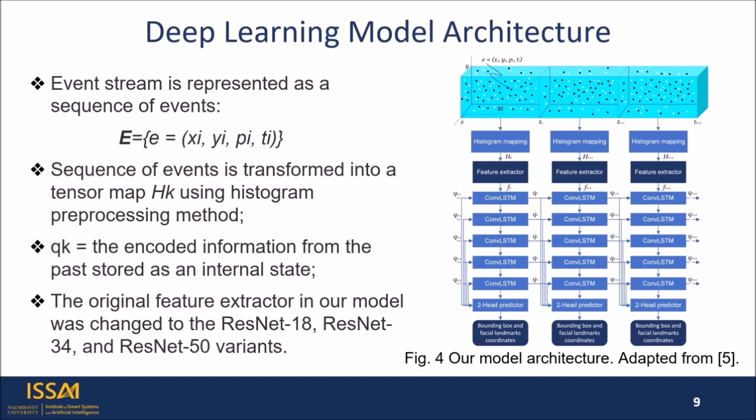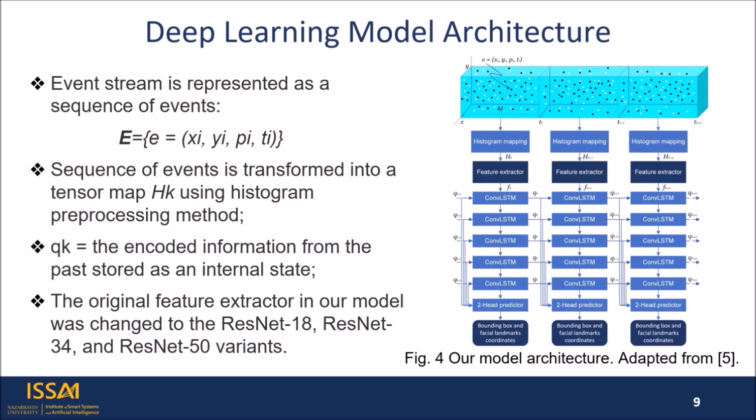We use the original feature extractor like in the paper, which was an SE block, and also the original feature extractor in our model was changed to the ResNet 18, ResNet 34, and ResNet 50 variants for comparison. The key advantage of these networks is the use of the residual block, which connects two convolutional layers with a skip connection.